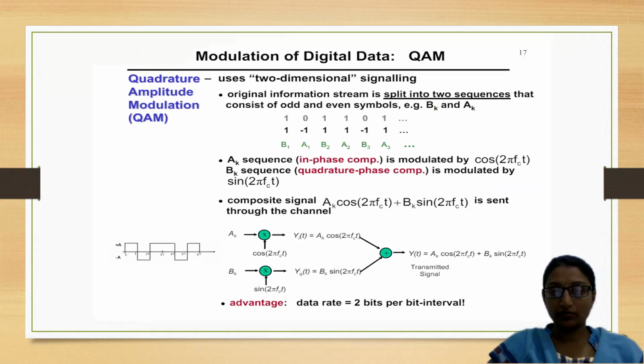Further you get the combination AK cos 2 pi fct and BK sin 2 pi fct, which are given to a summer. So you get your modulated QAM output as AK cos 2 pi fct plus BK sin 2 pi fct as the transmitted signal.